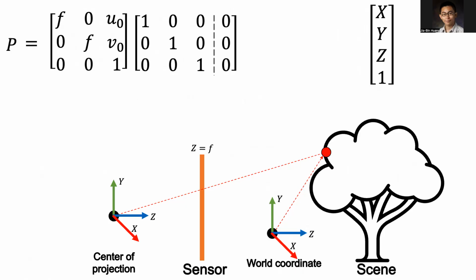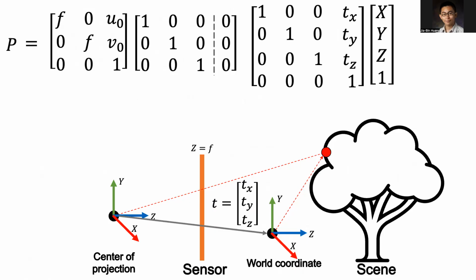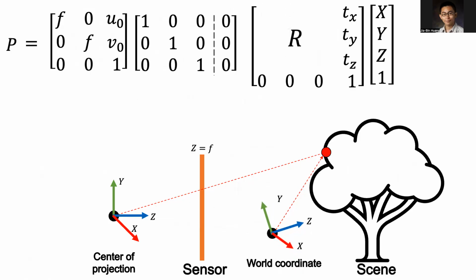Okay, so this is the coordinate system for the world. What you do is you have a translation tx, ty, tz. This is where the world origin is from the eye of the camera coordinate system, right? And then at the same time, you have a rotation that describes the difference between the world coordinate system and the camera coordinate system.